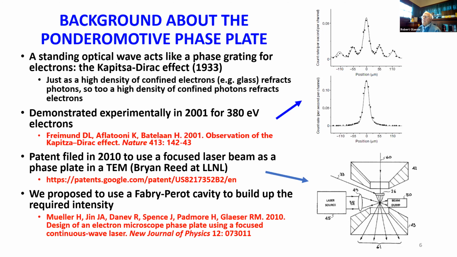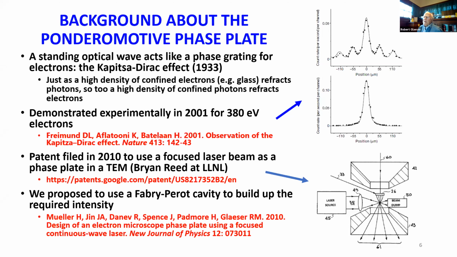And he got a patent in 2010 to use, as indicated schematically from his patent, a laser that crosses the electron beam going through, it's placed in the gap between the pole pieces of the objective lens, and a lens focuses the pulsed laser, and he envisioned having a pulsed beam of electrons synchronized with the pulsed laser. He used a pulsed laser in order to get enormous photon intensity, but only for a short period of time.